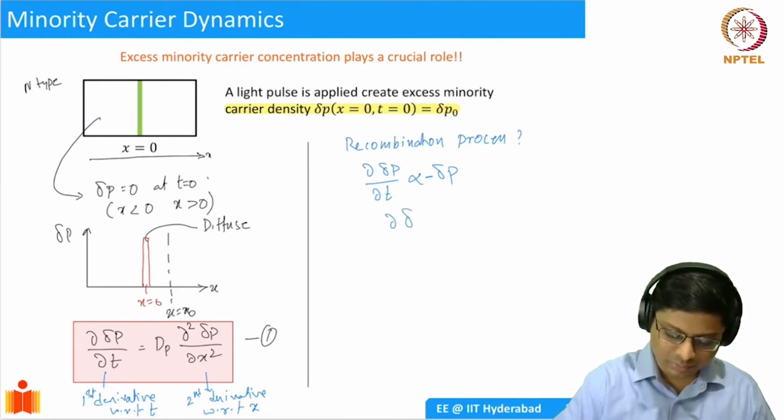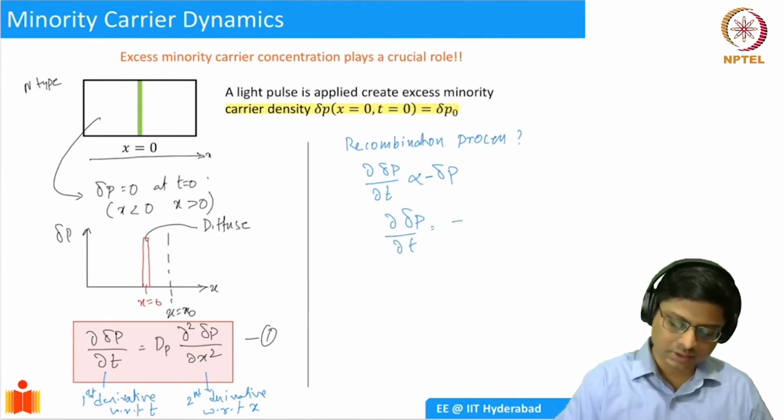If you write out the actual equation and solve it, the proportionality constant turns out to be: partial derivative with respect to time is equal to minus delta p divided by tau p.